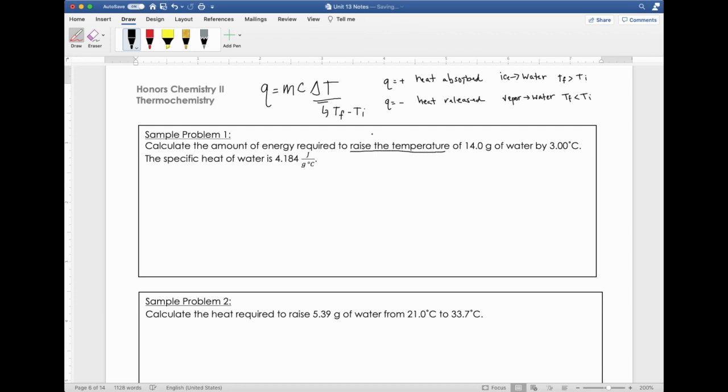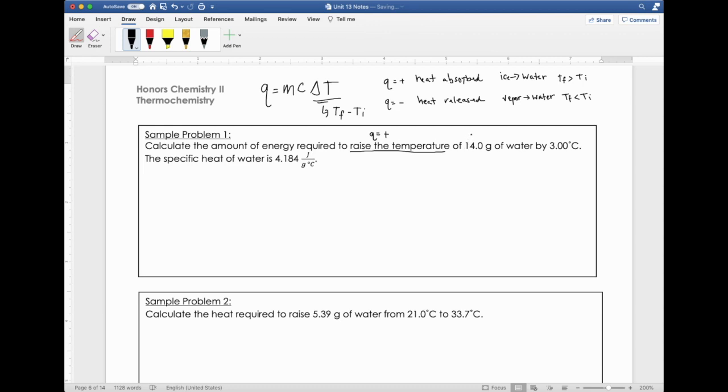Because I'm raising the temperature, we can infer that Q is going to be a positive value. We don't have to necessarily figure that out for this one because we're calculating the energy. We should get a positive value, but it's always good to just recognize whether or not it will be positive or negative.